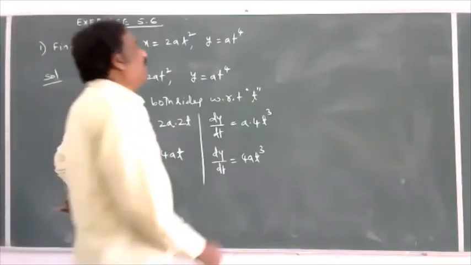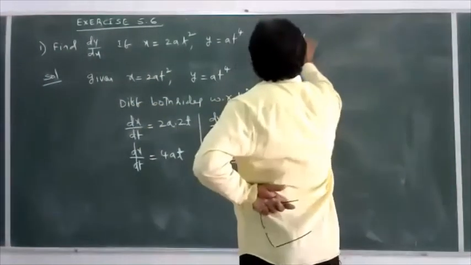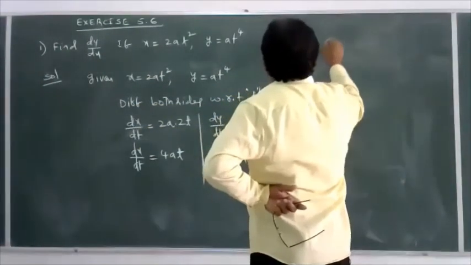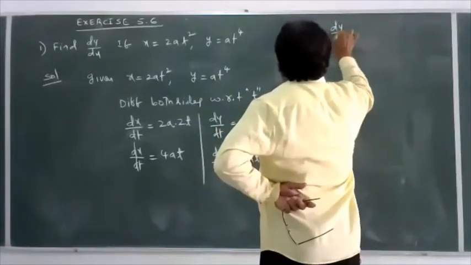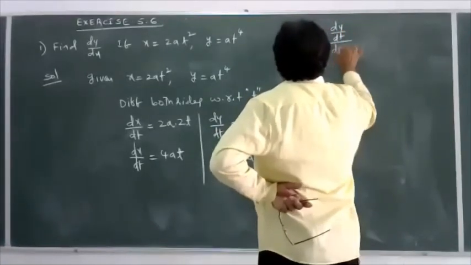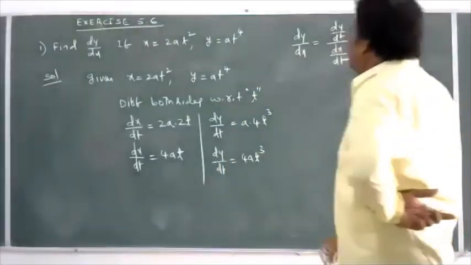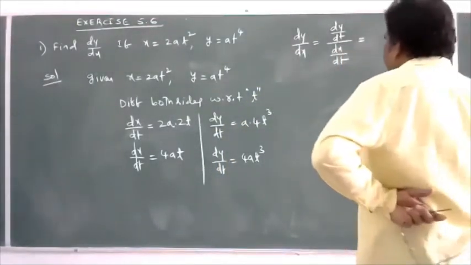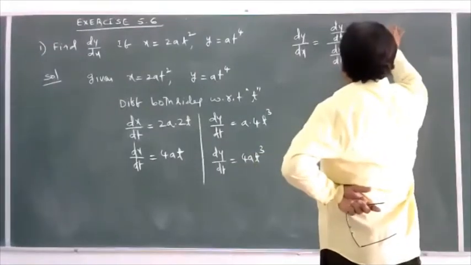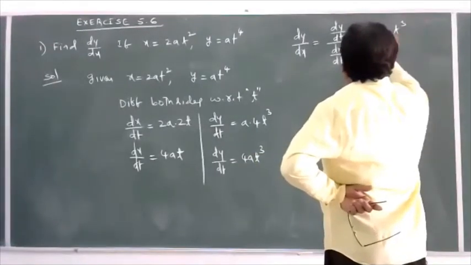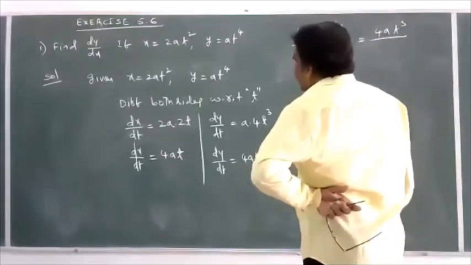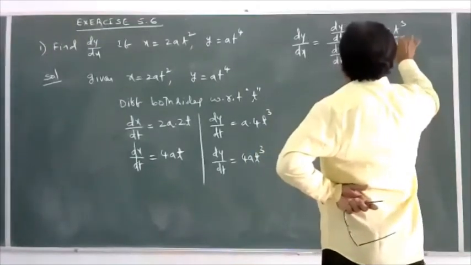Therefore, dy by dx is equal to dy by dt by dx by dt. That is dy by dt, 4a into t cube, by dx by dt, 4a into t.